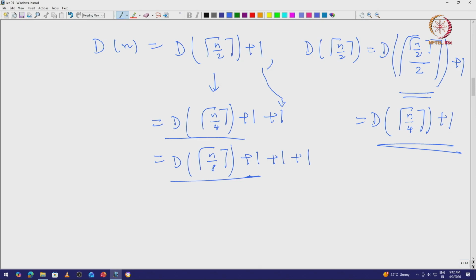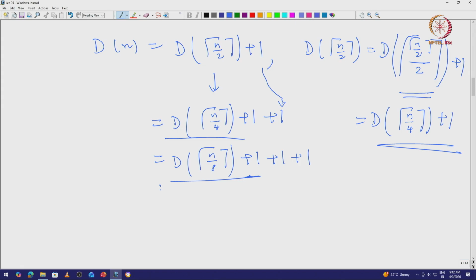So you can see the pattern. If you have a power of 2 dividing n, then that many plus 1s are there. Here you have 2 and plus 1, 2 square and 2 1s, 2 cube 3 ones. That is because each time when you divide by 2, you are adding 1.